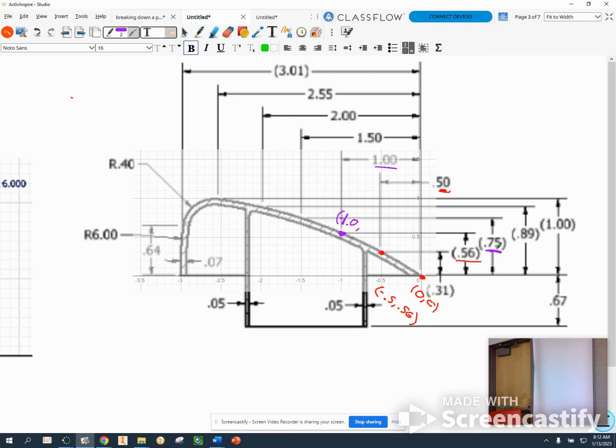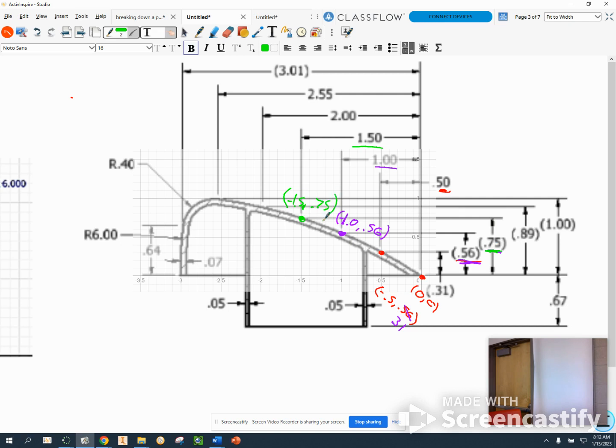Well, I guess the first one should have been 0.31, and this one is going to be the 0.56. And then we can look at the next one right here. That's going to be negative 1.5, comma, and this one is the 0.75.